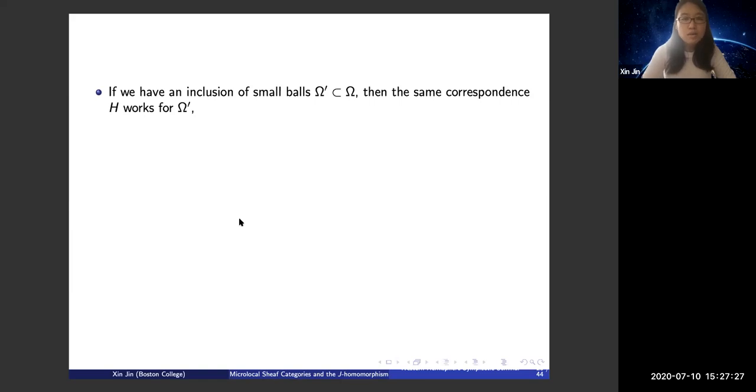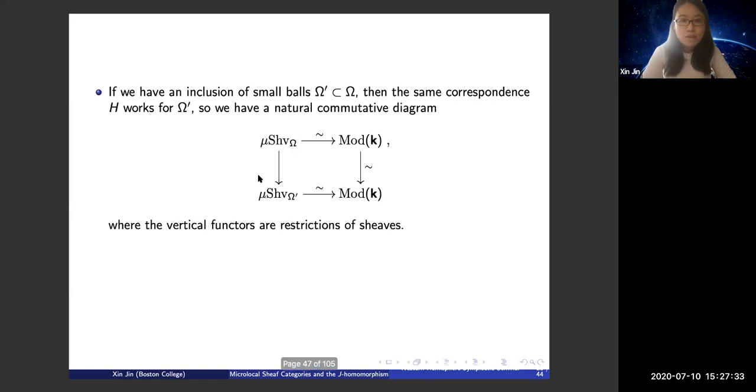So then to say that it defines a locally constant sheaf of categories with fiber equivalent to mod K, we just look at the restriction functors. If you have an inclusion of small balls, then the same correspondence H works for the smaller omega prime.